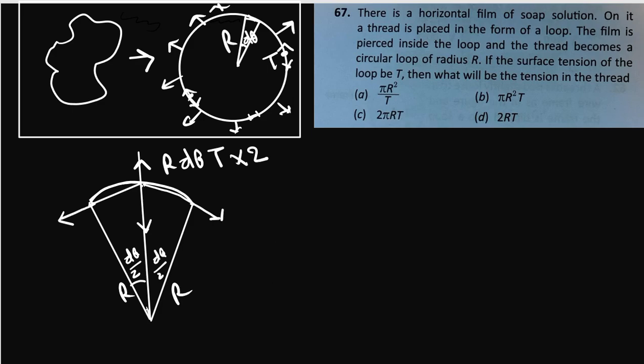Let me make it clear. Now we want to calculate the angle at which this is acting. See, this straight line is almost tangent to this point. When we look at this, it is not looking like a tangent, it is looking like a segment.